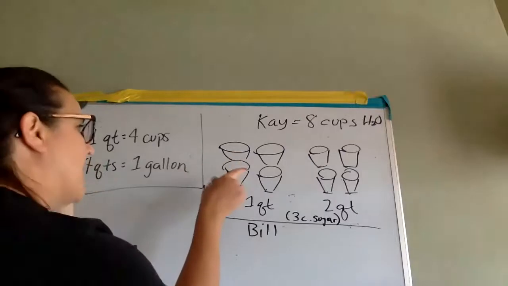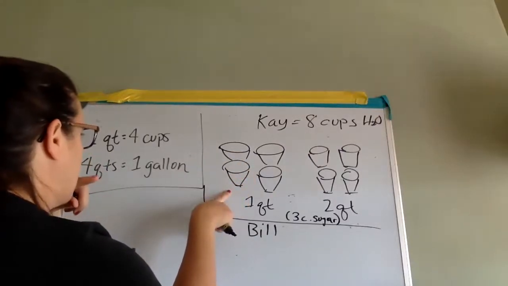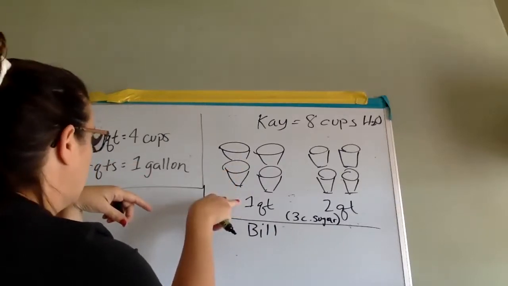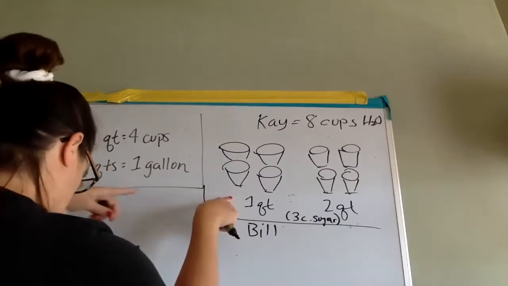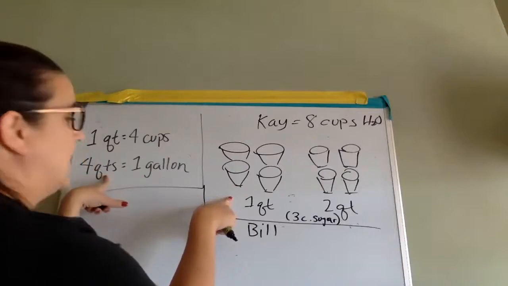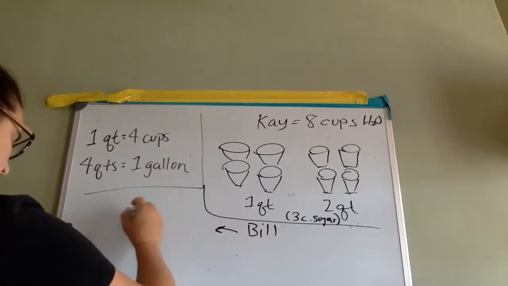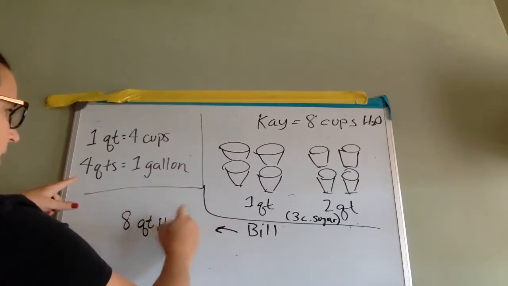So this is 1 quart, so we need to multiply this by 4. This is 1 quart, and he has 8 quarts. So Bill has 8 quarts of water because he has 2 gallons.